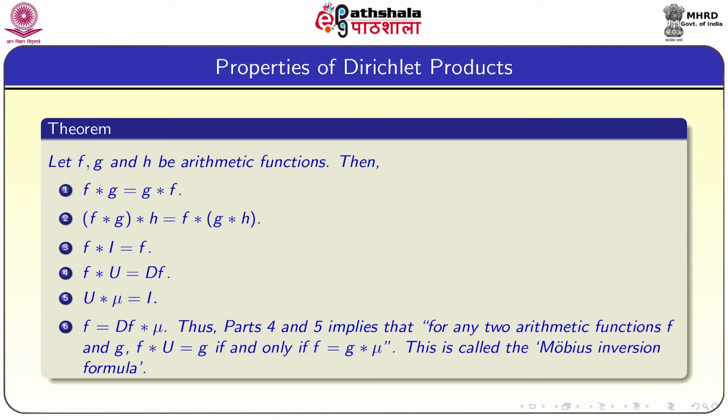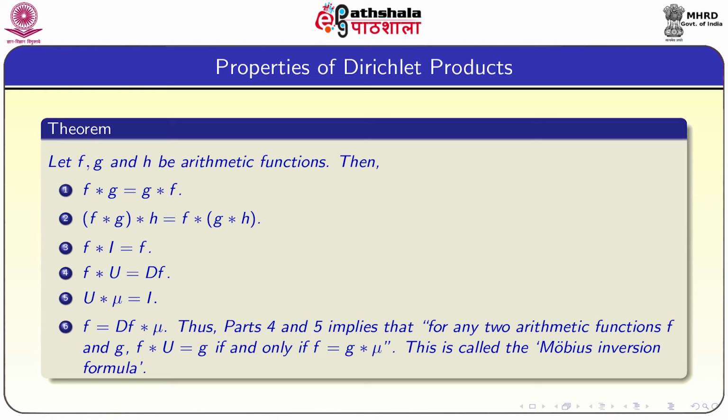So, f star u is equal to simply df, the divisor sum function, and this is one of the very interesting results. u star mu is equal to I. Here this involves three functions: u, that is u of n is equal to 1 for all n, the Mobius function, and I. And f is equal to df, the divisor sum function, df star mu.